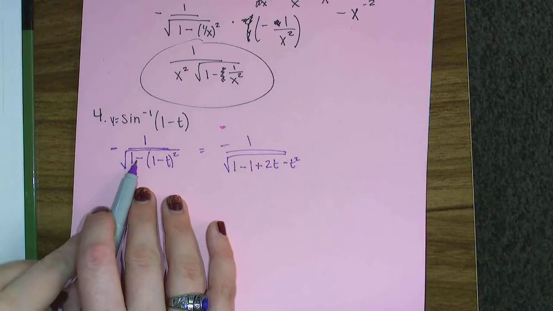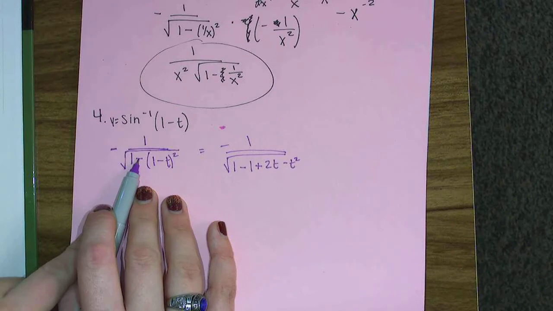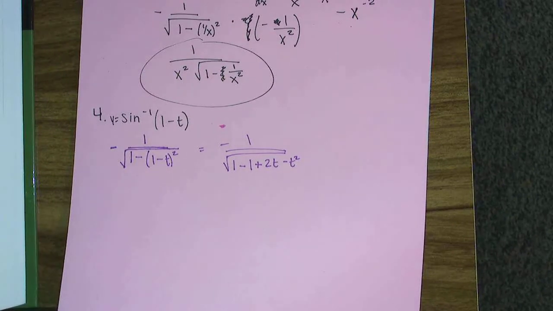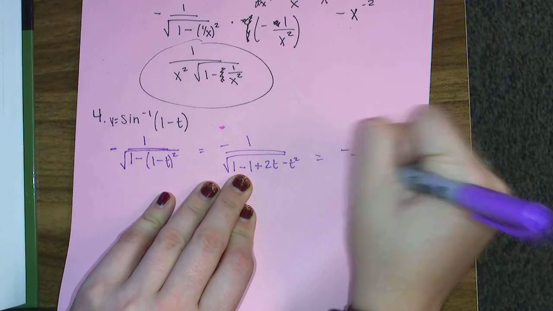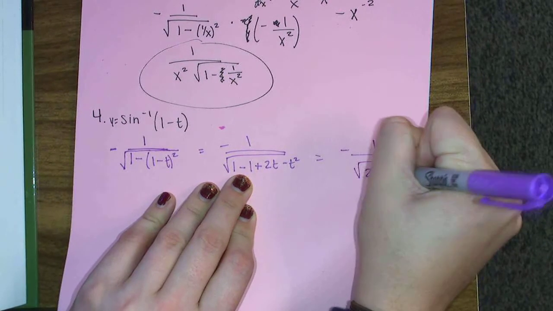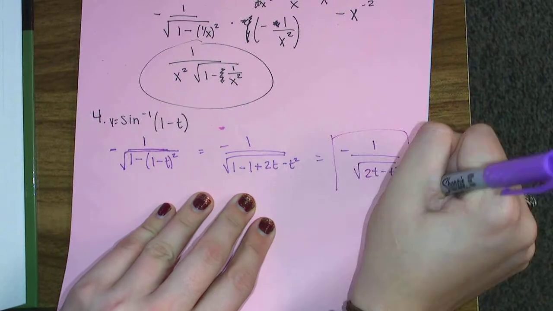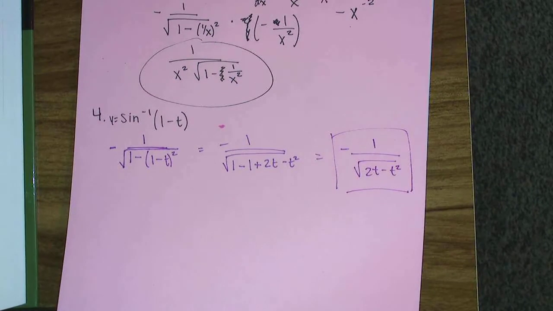Yes, but I went ahead and did this negative sign through it. But yes, you are correct. That's why I said wait a second, I'm trying to put all the pieces through at the same time just to save some space. So then basically just the 1's cancel, so you're left with negative 1 over the square root of 2t minus t squared. And that's all you have to do for that one.